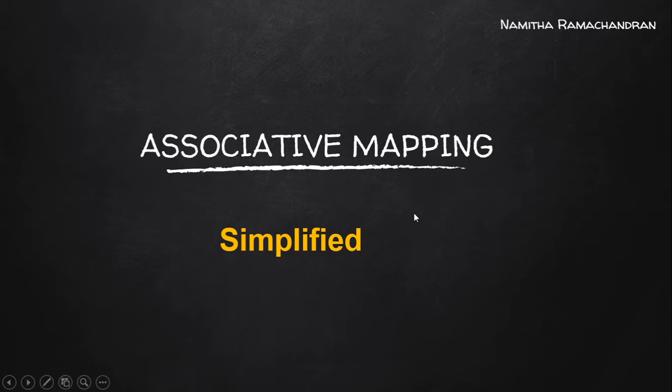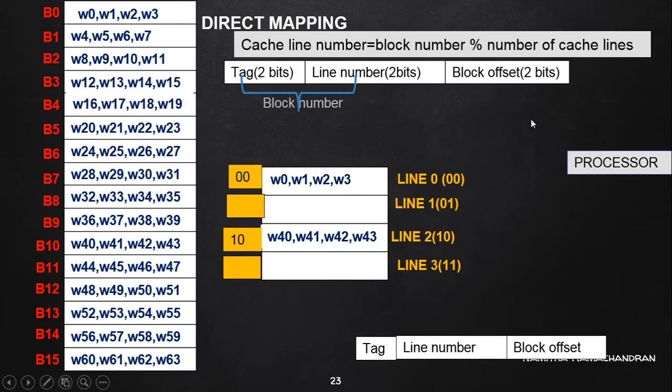Before starting this topic, we can consider the disadvantages of our previous method of cache mapping, that is, the disadvantages of direct mapping. So this is the principle that we follow while performing direct mapping. That means for transferring a particular memory block to a particular cache line, we need to follow this rule.